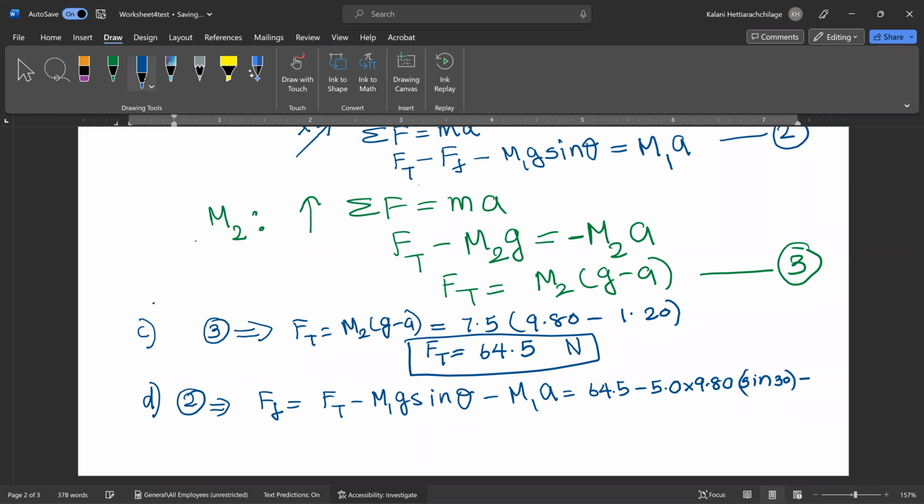And minus M1, again 5, times the acceleration, 1.2. Plug into the calculator, and then you're going to get the friction force in units of newtons. What I have is 33.9.